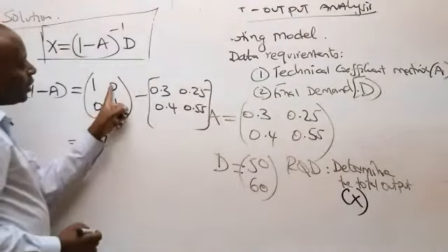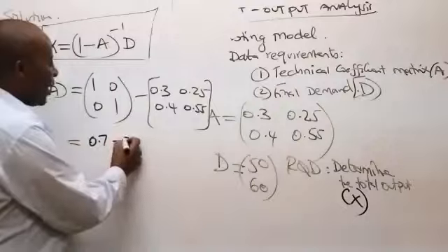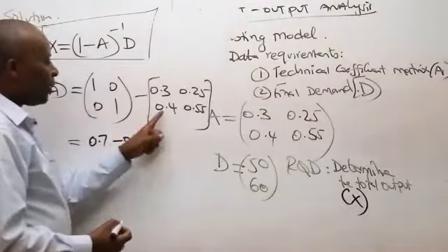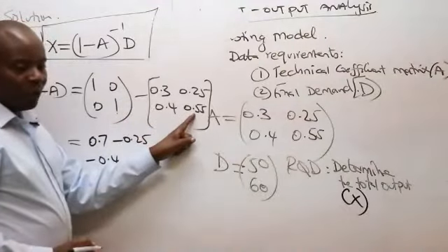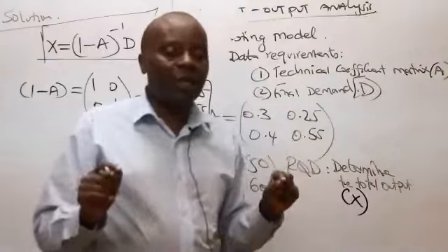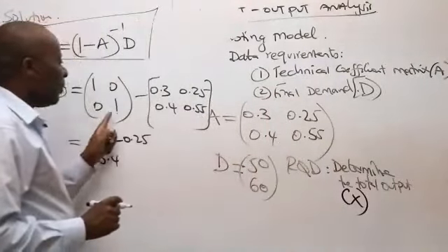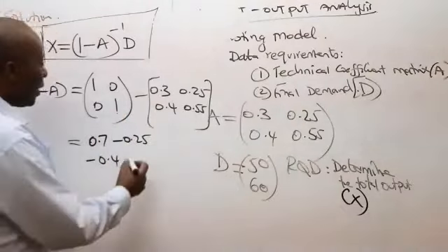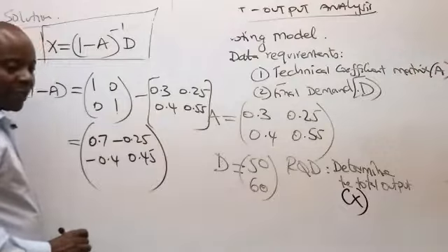And then now we have 0 minus 0.25, that gives us minus 0.25. This gives us minus 0.4. We are subtracting corresponding elements. So 1 minus 0.55 gives us 0.45 like that.